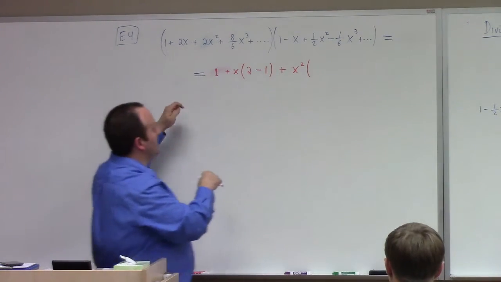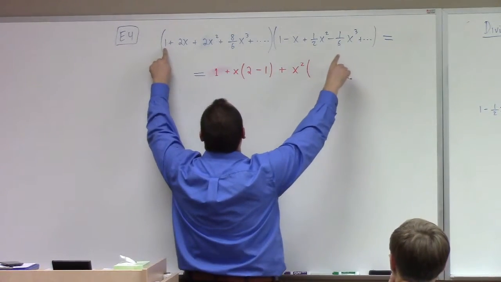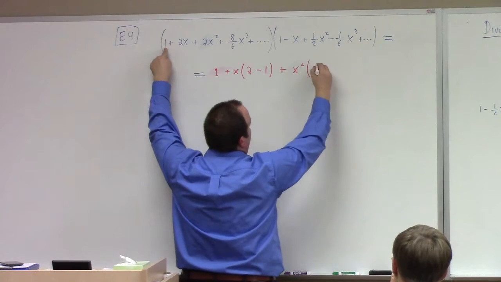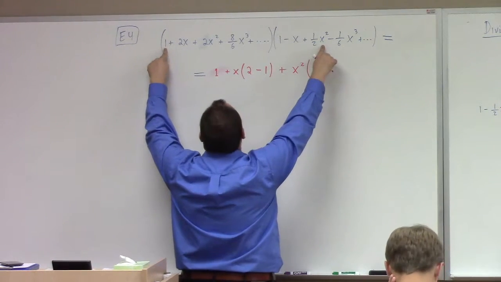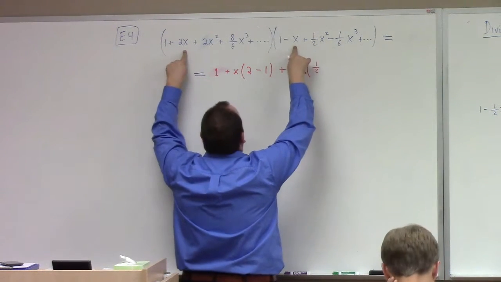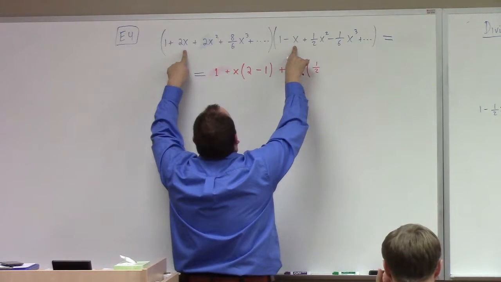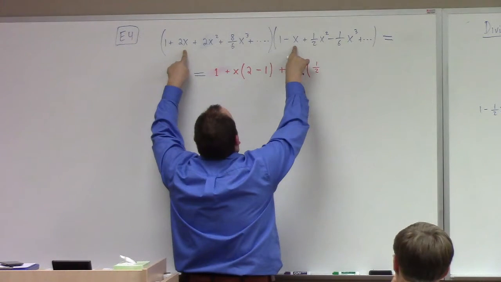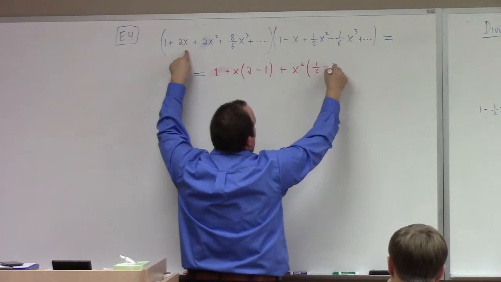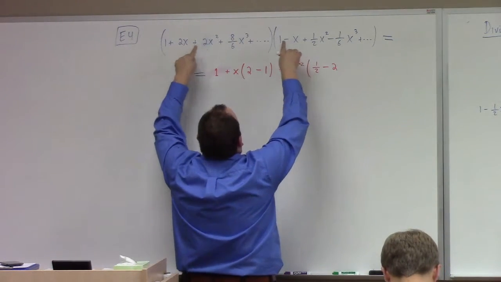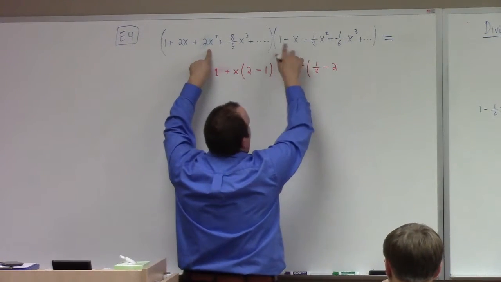Let's see here. So let's start out with the 1 times the x squared. That gives me a half. Then I'll move my way over. x times x is x squared, so this is giving me minus 2, and then plus 2.